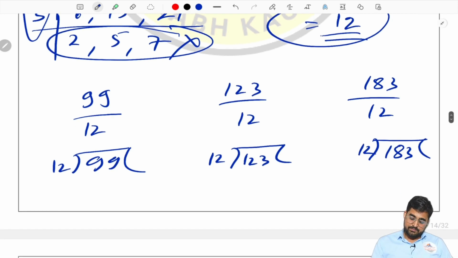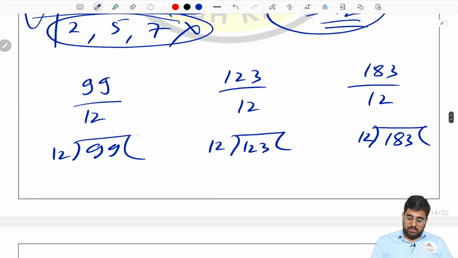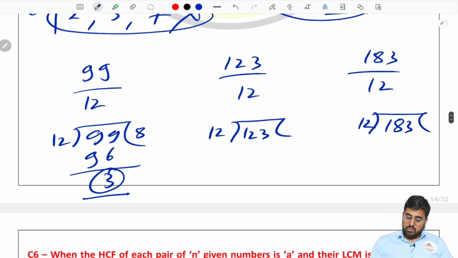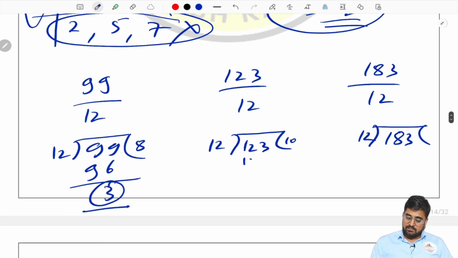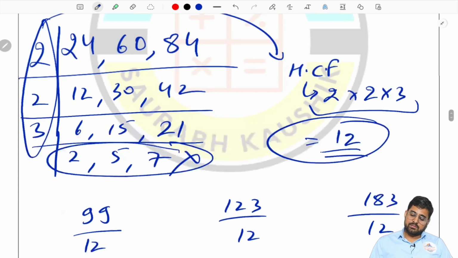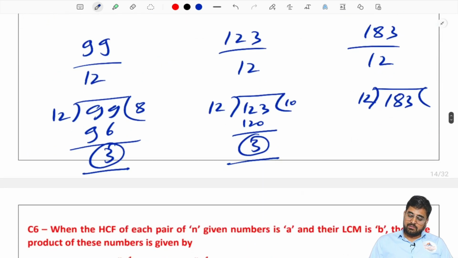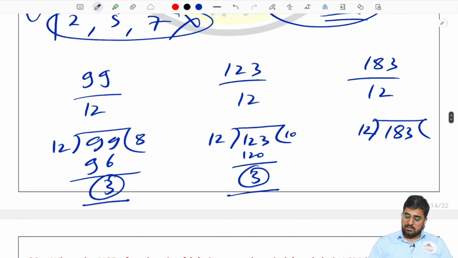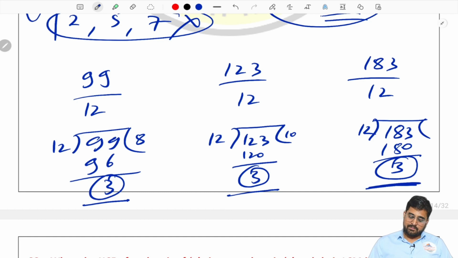Now 12 8s are 96, and we will have the remainder 3. 12 10s are 120, and it will give the remainder 3. There is no need to calculate all of them because they have the same remainder, but just for your sake, it will be 180 here, and you will get 3.